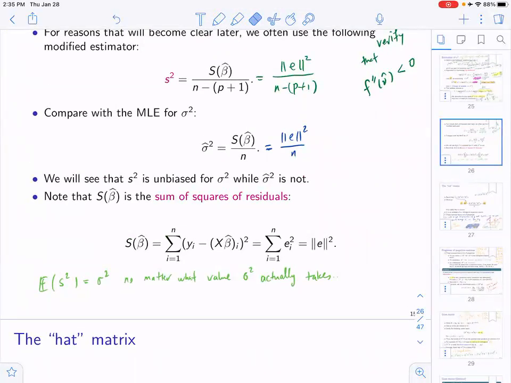This is useful. What this is saying is there's a frequentist interpretation of all these results. If I repeat the experiment many, many times and form this estimate for each experiment, and then I average those estimates, that would give me an approximation of this expectation, which would be very close to the true sigma squared. You can do it in R or some other programming language if you're interested.